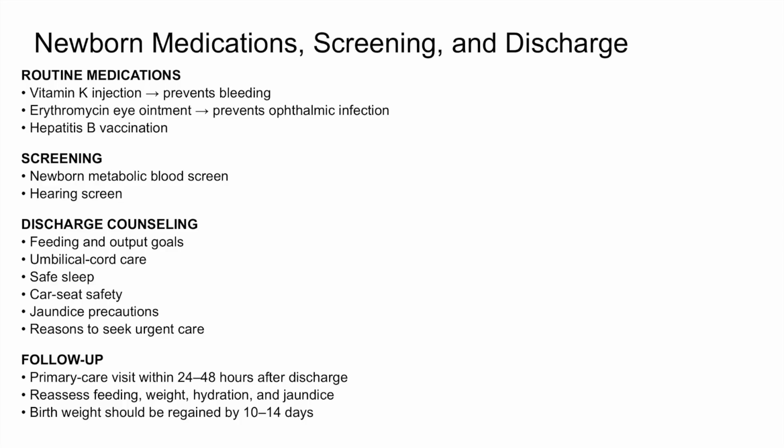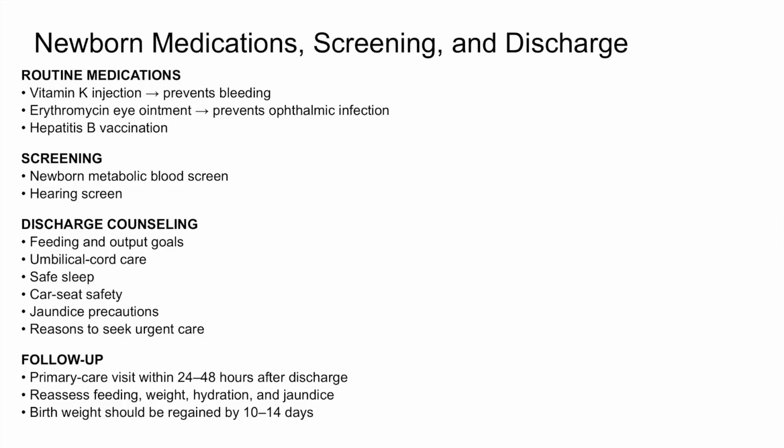Newborn screening also includes a state metabolic blood panel, hearing assessment, bilirubin measurement, and pulse oximetry screening for critical congenital heart disease. Discharge readiness involves more than stable vital signs, so the infant must demonstrate adequate feeding, appropriate elimination, acceptable weight change, and a safe plan for follow-up.